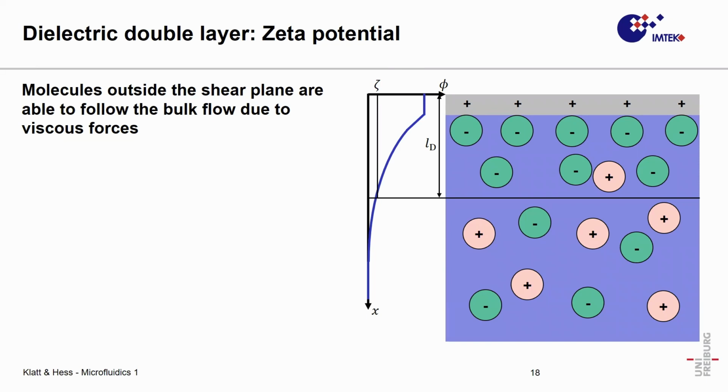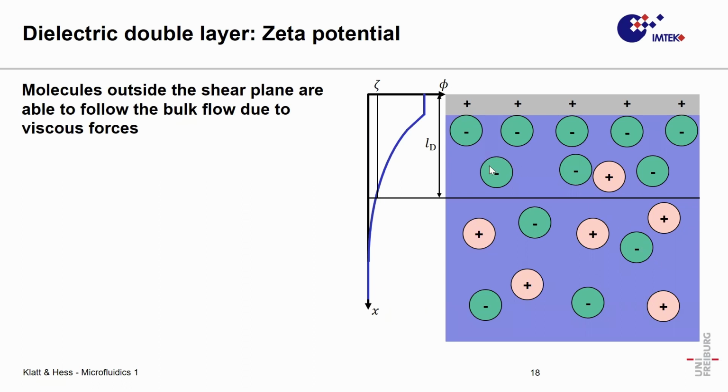And this is depicted on the right-hand side. In general, we assume that particles or ions will move along with the flow. So let's say there's a flow in the right direction. Generally, particles follow this flow because of viscous forces. The friction will keep the particles along with the fluid.